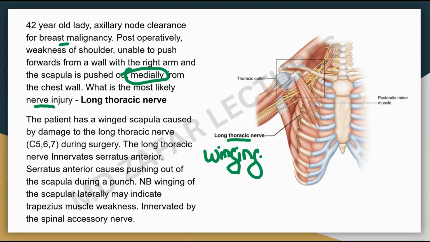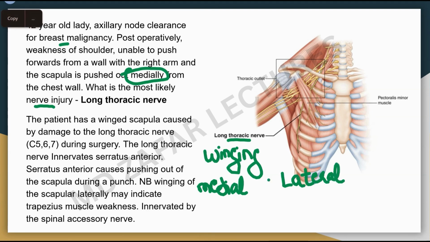But here they have also described a difference: if the winging is present on the medial side, then different muscles and nerve are going to be the answer. And if they have described the word lateral, that the winging is present on the lateral side, then what is going to be the answer?